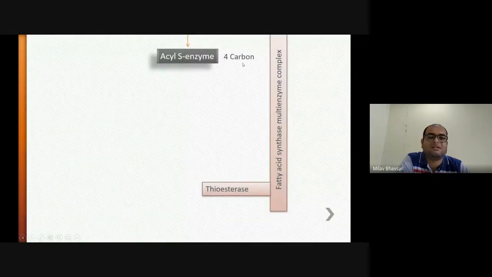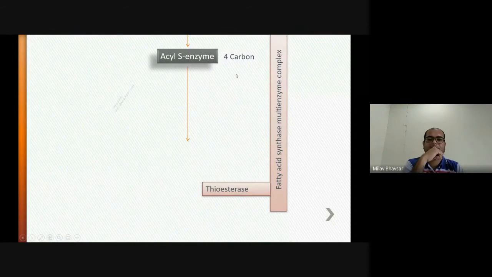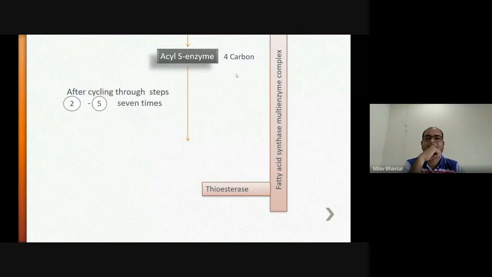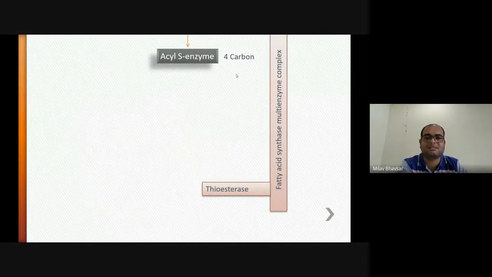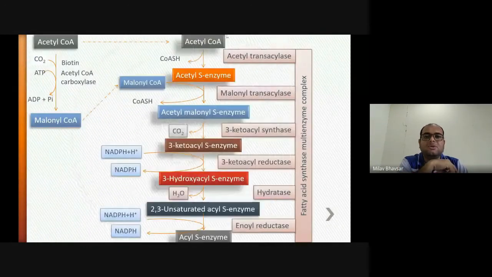Now what we have is that from malonyl enzyme plus acetyl coenzyme, this is the 4-carbon compound, and this process gets repeated 7 times again and again. Here this S-acyl enzyme, what you are seeing, is going to be utilized as acetyl coenzyme.